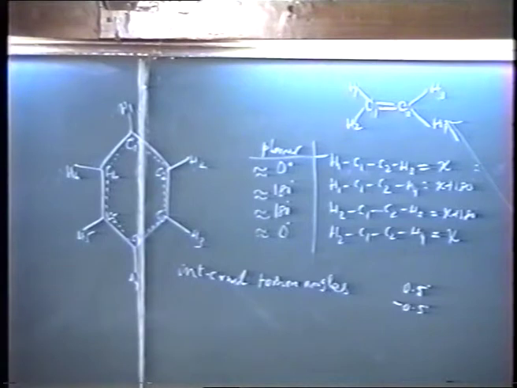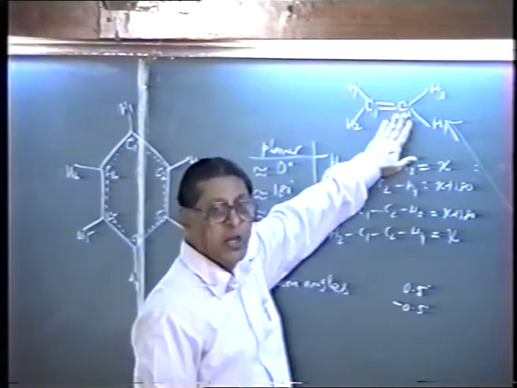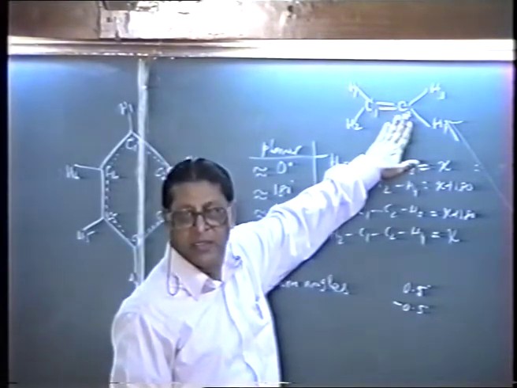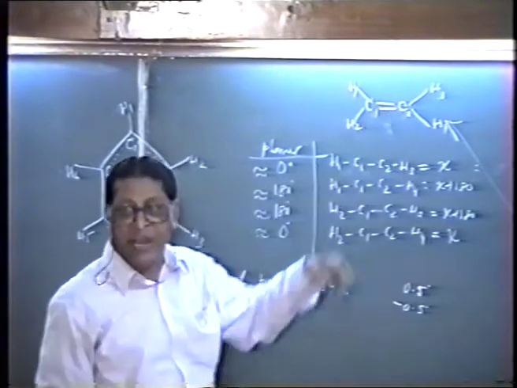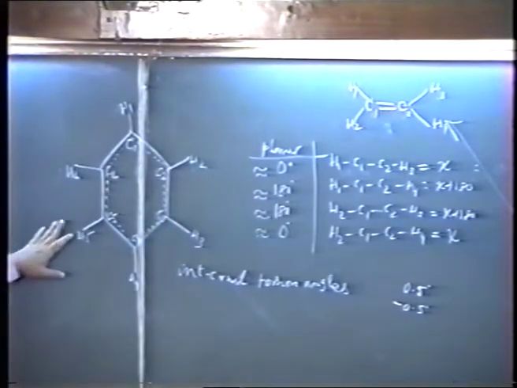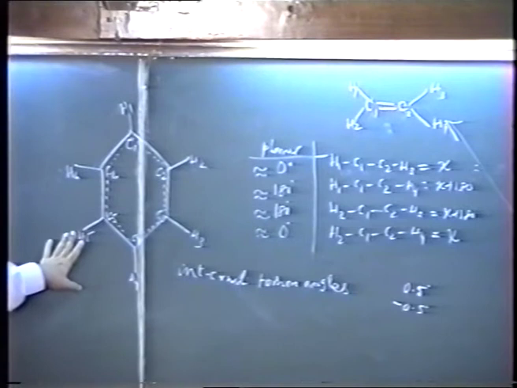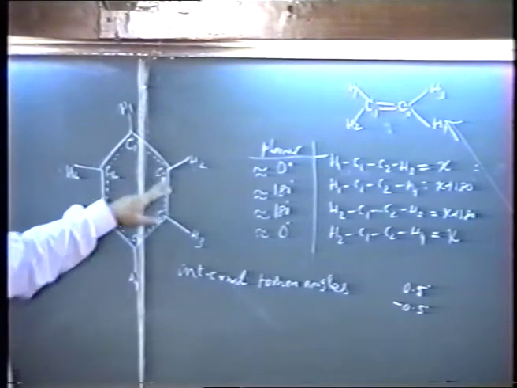Similarly, as I said, this is a linear molecule, which is again planar. This is again a cyclic system, which is planar. In this cyclic system, you have a 6-member ring.